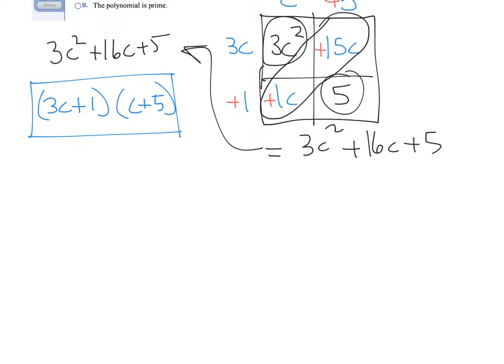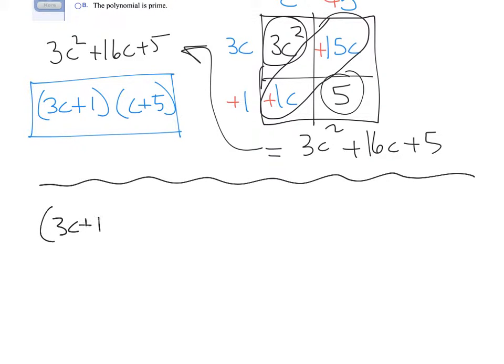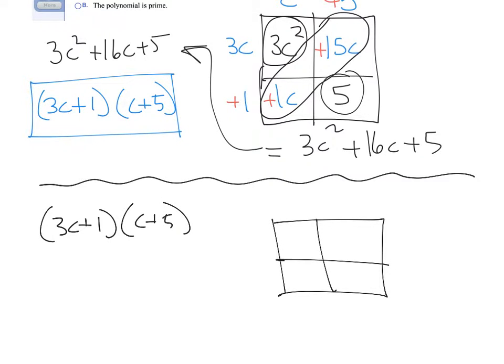Well, you could take the 3c plus 1 and the c plus 5, and you can put it in a box. 3c plus 1, c plus 5, and you could actually do all the multiplication, and if you end up with the original trinomial, 3c squared plus 16c plus 5, that means our factors are correct. Of course, it is correct though.